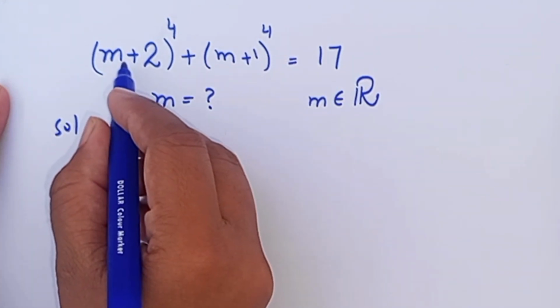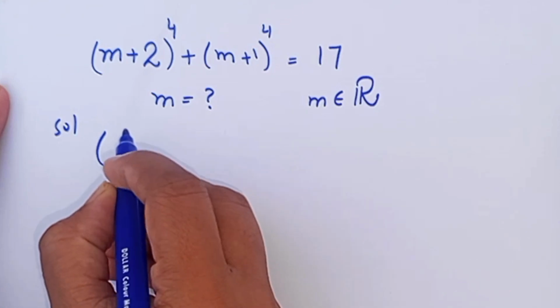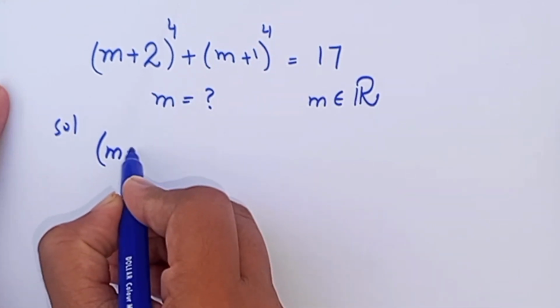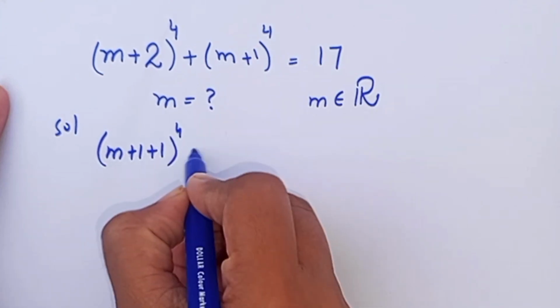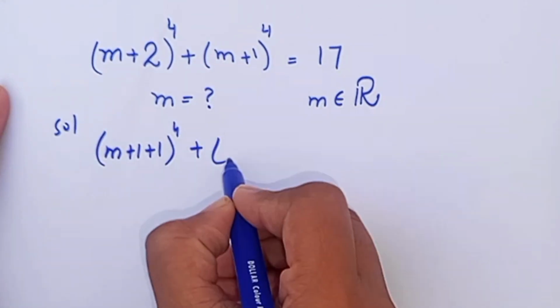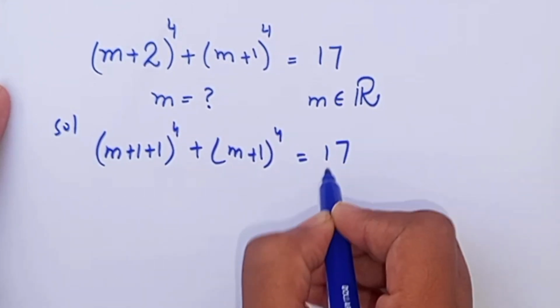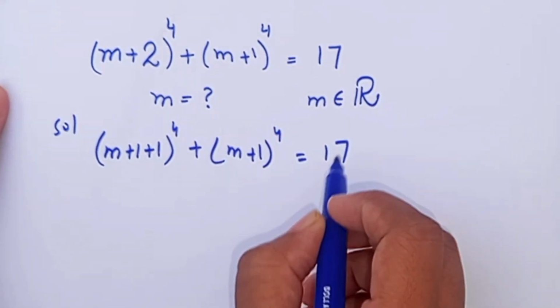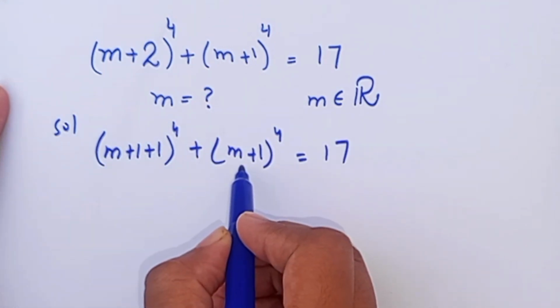Look at this. This is m+2. We write this first term as (m+1)+1, its power is 4. We copy the second term (m+1)^4. This is equal to 17. Now look at this, m+1 is involved in this term, it's also involved in this term.